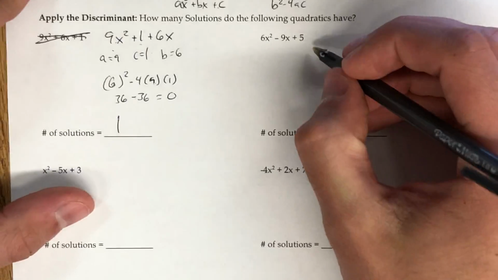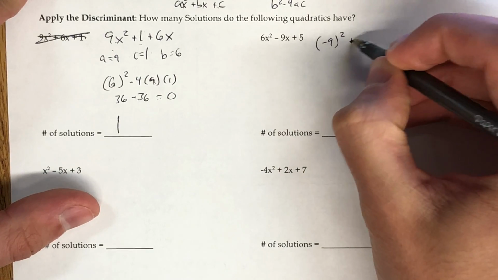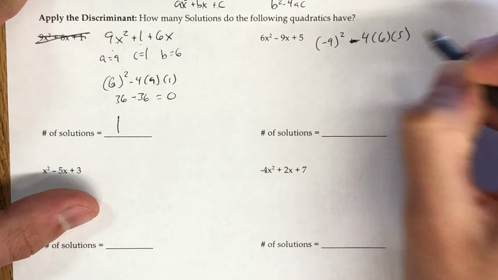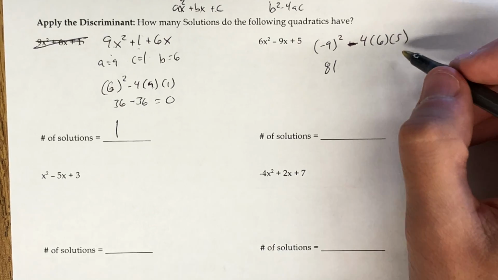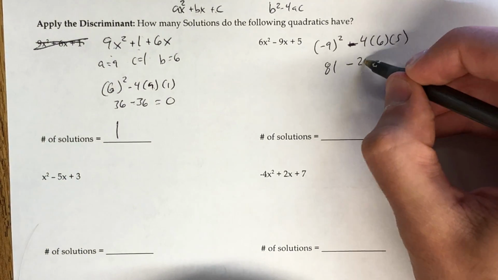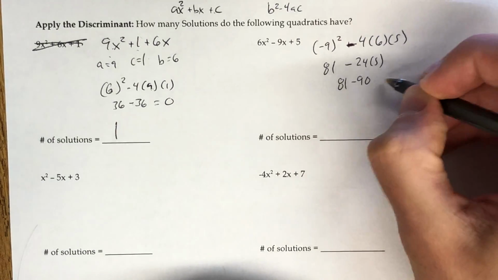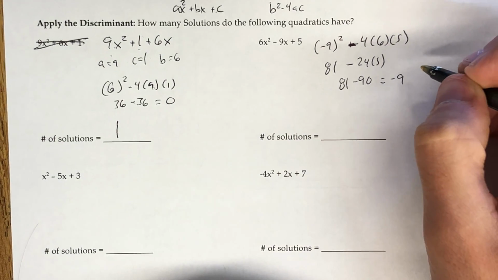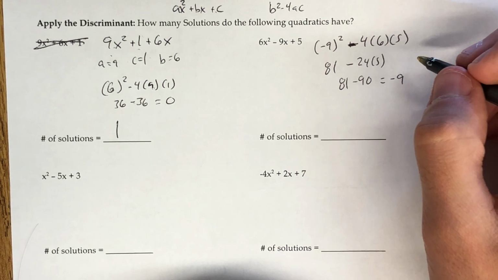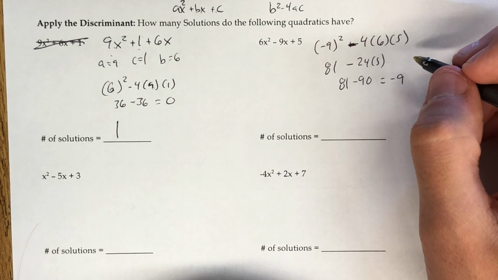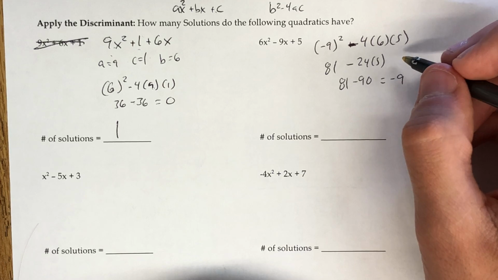For number 2, b squared, so -9 squared, minus 4 times a times c. -9 squared is positive 81, minus 4 times 6 is 24. 24 times 5 is 90, so we have 81 minus 90, which is -9.